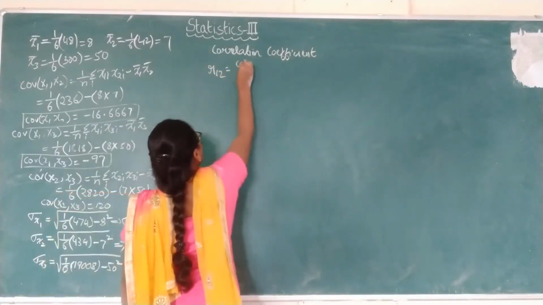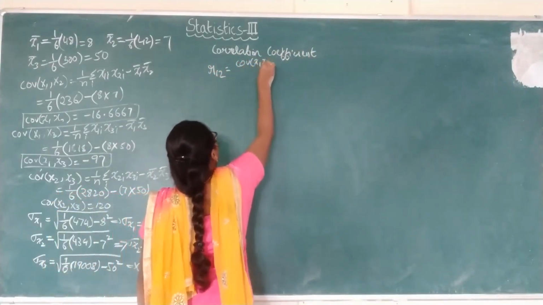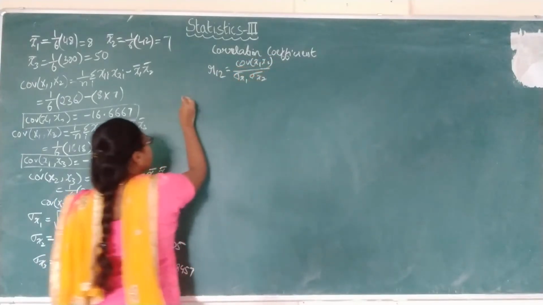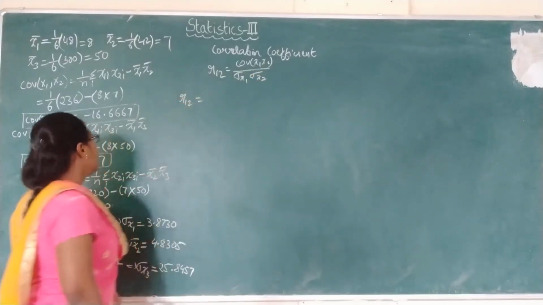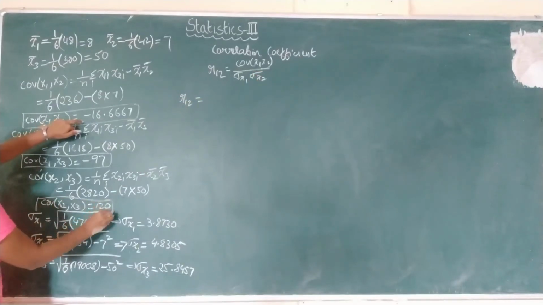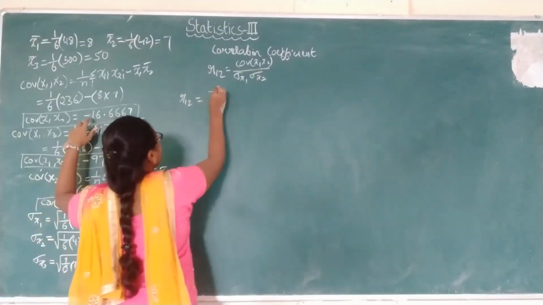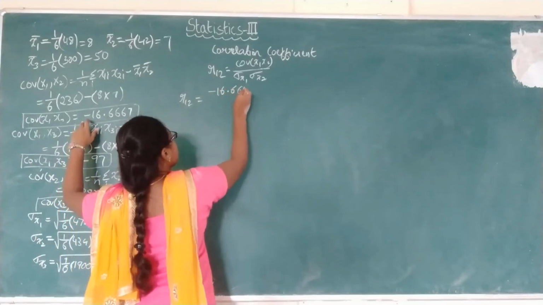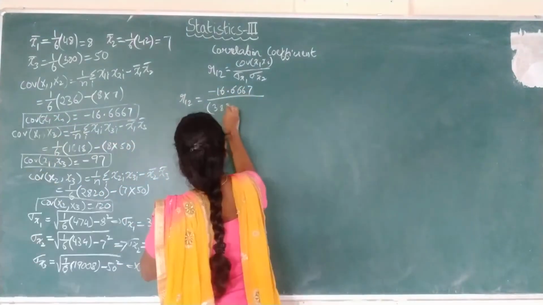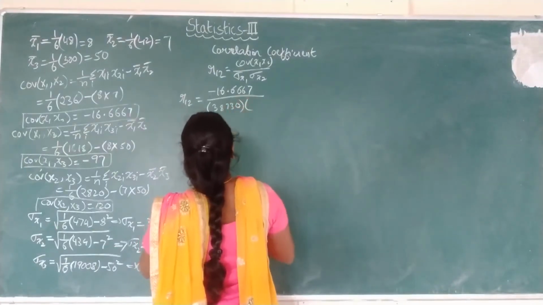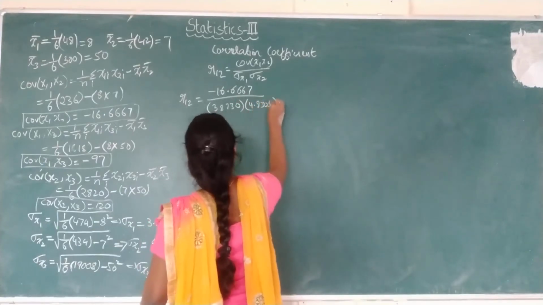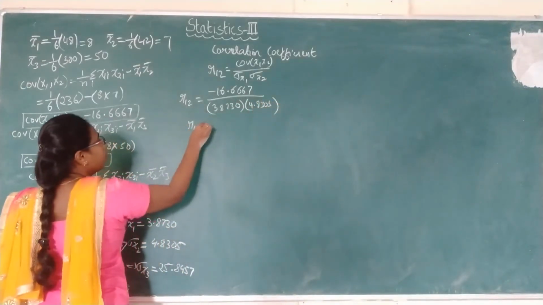R12 equals covariance of x1, x2 by sigma x1 into sigma x2. So R12 is, the covariance of x1, x2 is minus 16.667, divided by sigma x1 value 3.8730 into sigma x2 value 4.8305. Now solve this, and we will get the R12 value.